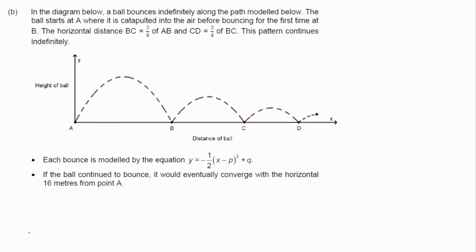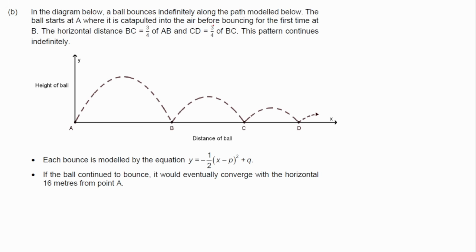In the next question, we're given this diagram, and we're given that the ball bounces indefinitely along the path modeled below. The ball starts at A, where it's catapulted into the air before bouncing the first time at B. So it's shot up here and then bounces for the first time at B. So the horizontal distance, BC, is equal to 3 over 4 AB, and CD is equal to 3 over 4 BC.